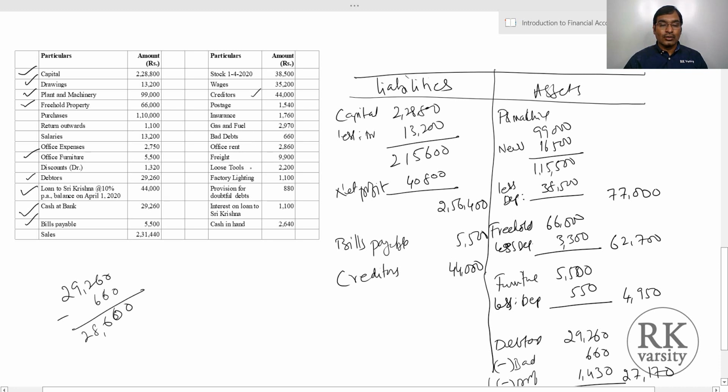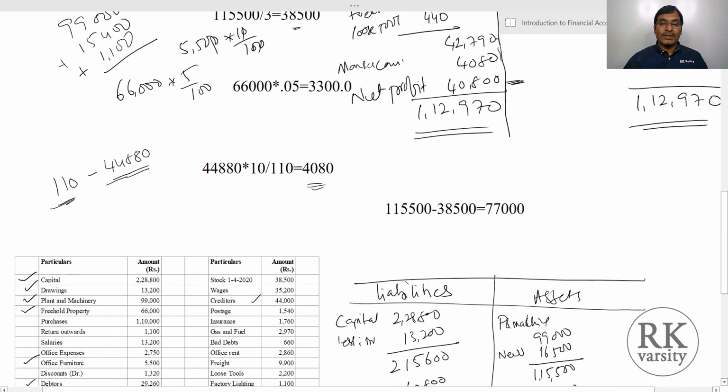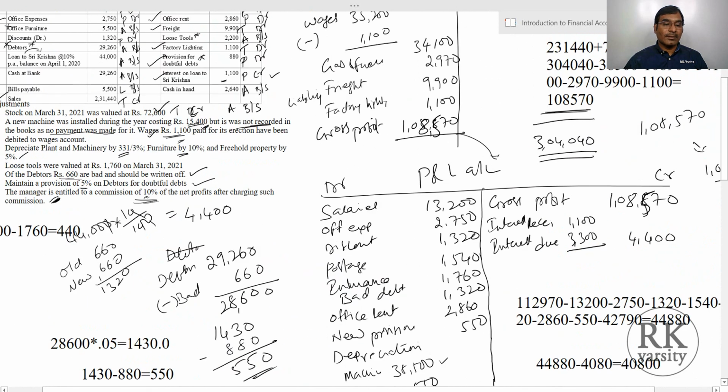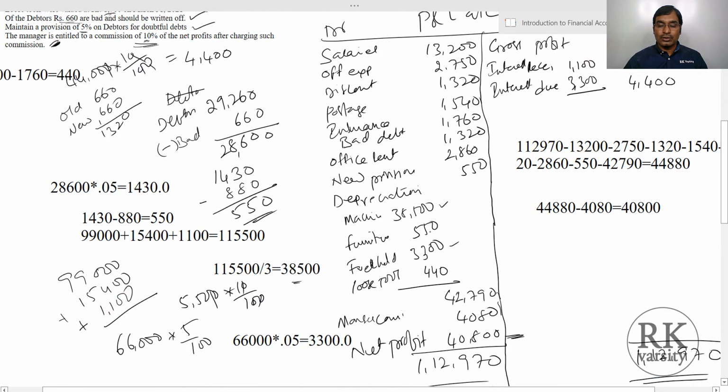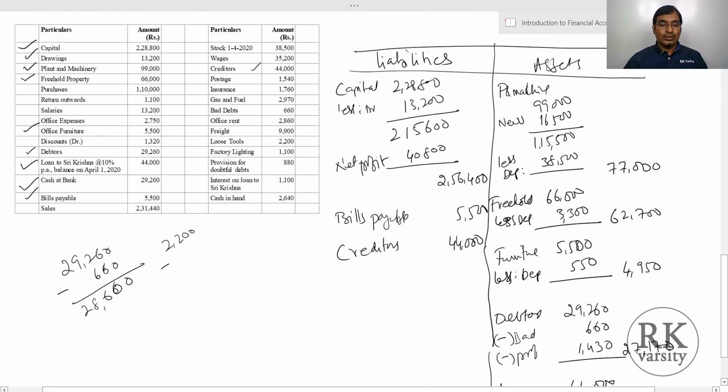Loose tools is 2,200 and it has an adjustment. So 2,200 minus how much depreciation we provided, or what the balance sheet shows. So loose tools are valued at 1,760 and depreciation on loose tools is 440. So loose tools is an asset.